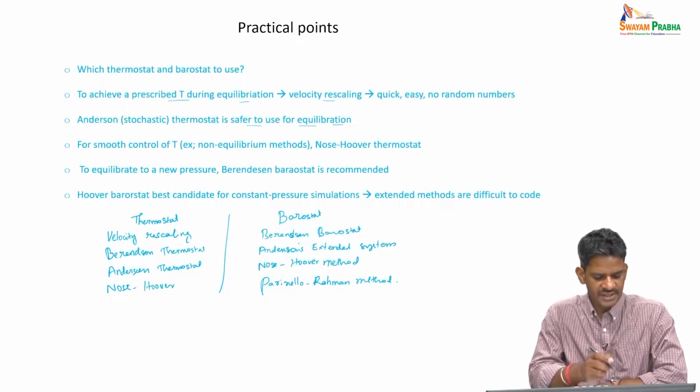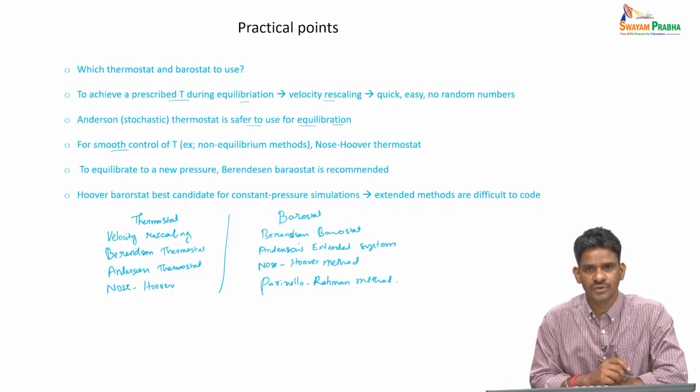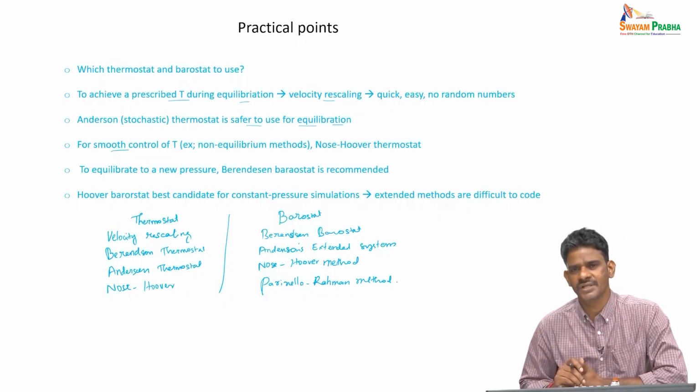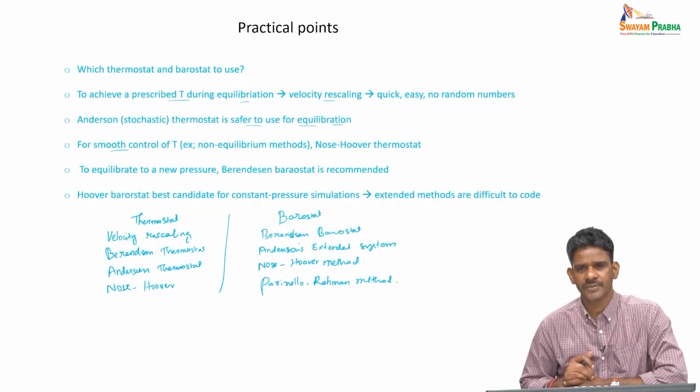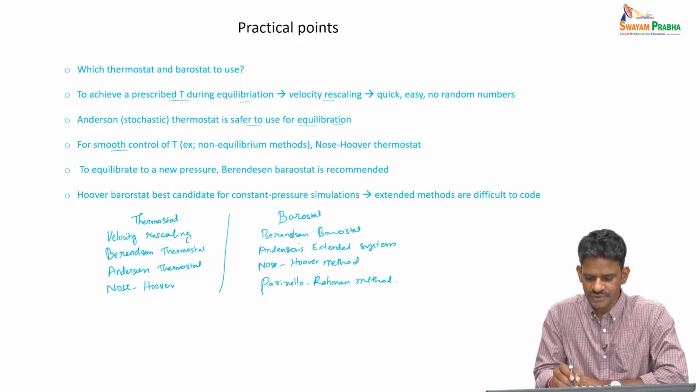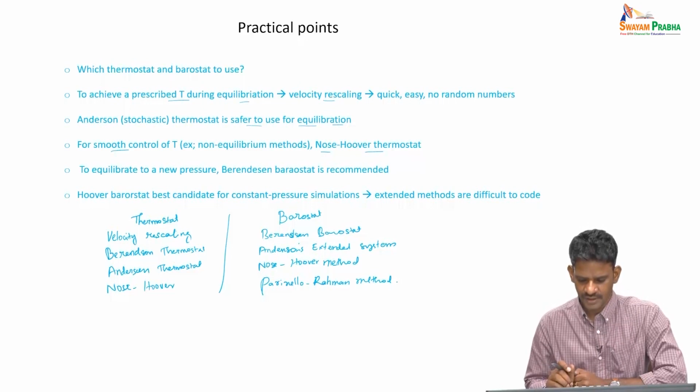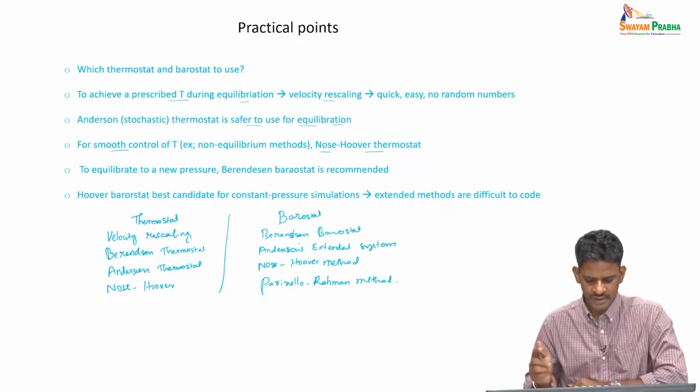And for fixing the temperature in a very smooth fashion, which is required, let us say, when you do non-equilibrium simulations where you apply a shear or when you have some heat transfer, where the temperature maintenance is very important and needs to be smooth, and you are not looking for high frequency oscillations or too many fluctuations, you have to use a Nosé-Hoover kind of thermostat, which is always very good to maintain the temperature and pressure at the desired level.